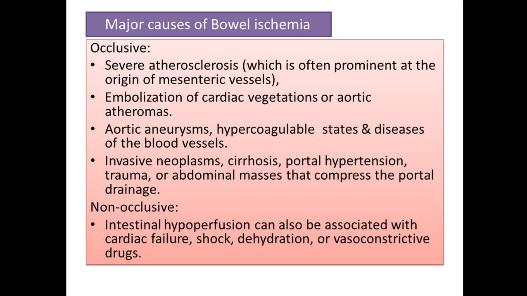The major causes of bowel ischemia, as I said, can be divided into occlusive and non-occlusive. The occlusive causes mean obstruction of a major blood vessel, and this mostly results from severe atherosclerosis.